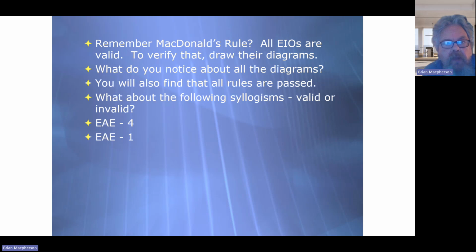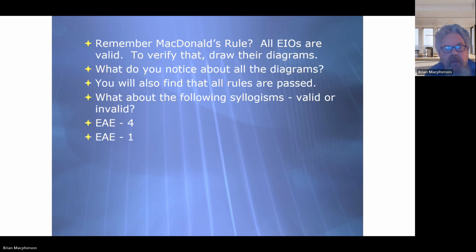Why don't we do the diagram, all right? So here's a diagram. What should happen, given our results of the rules, is that by diagramming in the premises, we should also get the conclusion. Okay, so let's do the diagram for this one. Once again, it's S, P, and M on the bottom, right?